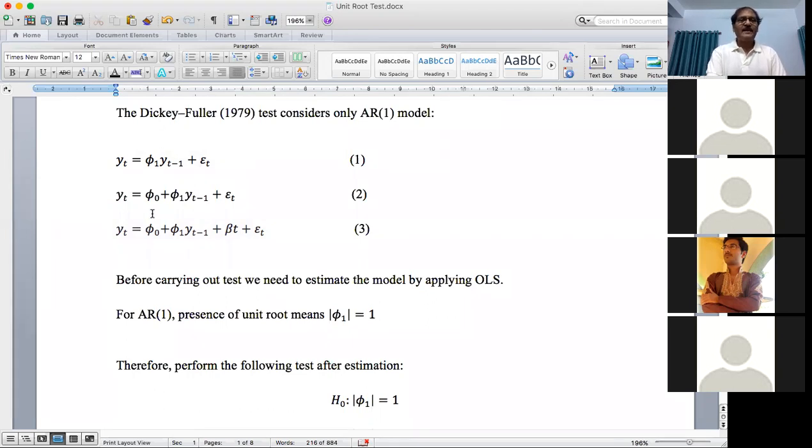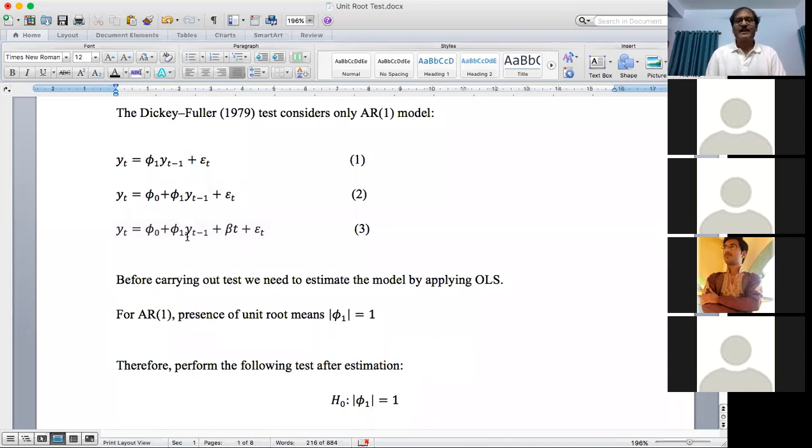What is the problem? Because under the null hypothesis, you assume that the value of phi 1 is equal to 1. In other words, under the null hypothesis, in all cases, you assume that the series is non-stationary with unit root. In the case of non-stationary with unit root, we have mentioned earlier, the series has a power of memory.